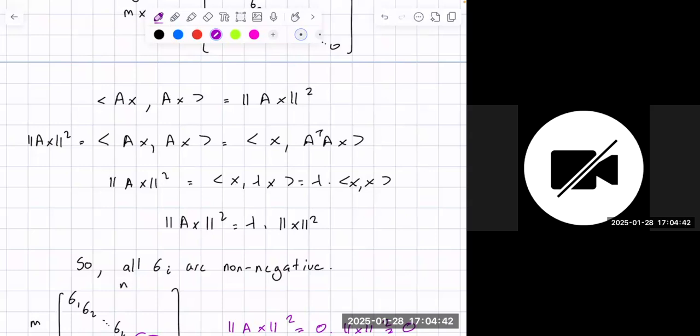Let's say one of those eigenvalues is lambda, and X is the eigenvector, okay? And this guy will be lambda times X. I can take that lambda out. Lambda times X squared is supposed to be AX squared. Well, this is a positive number, this is a positive number, so this guy has got to be a positive number too. So all eigenvalues of these A transpose A type matrices are non-negative, either positive or 0, right?